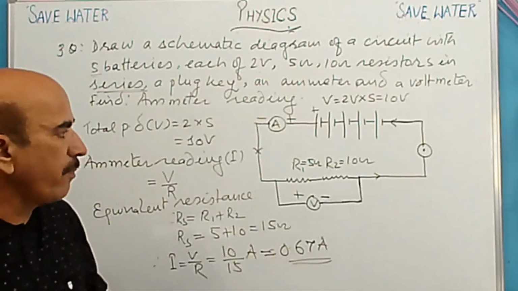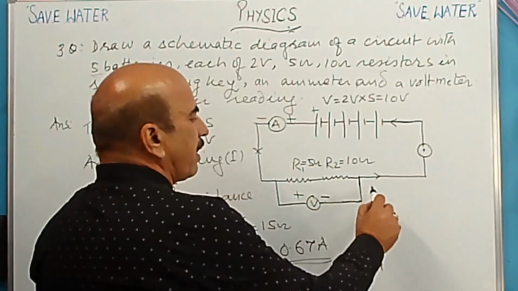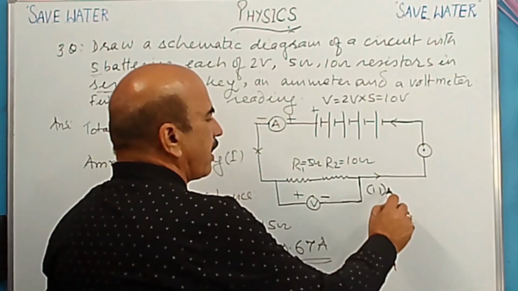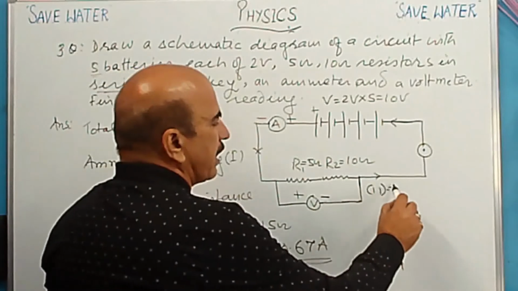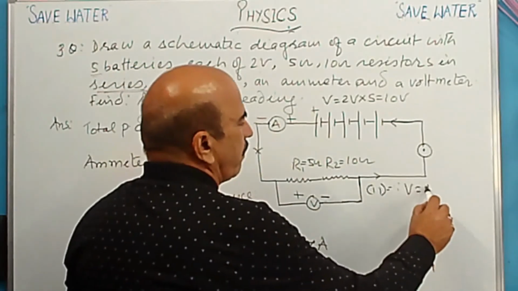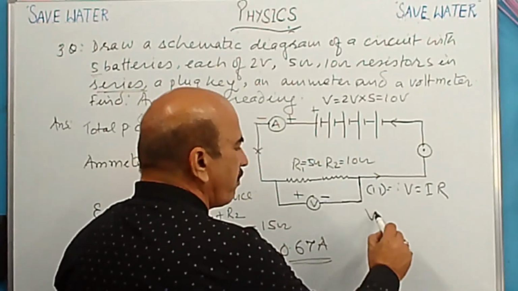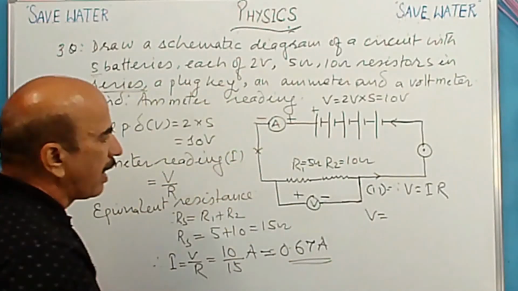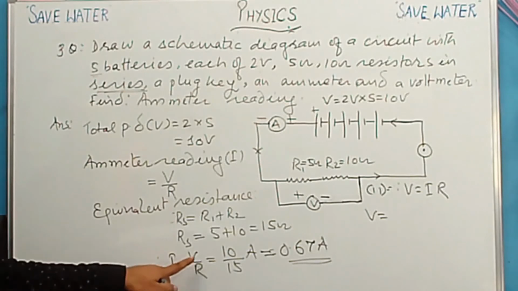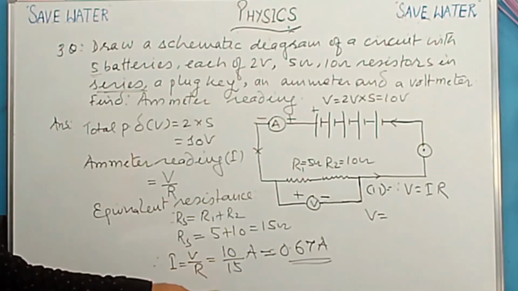ओके, हम करें. ओके, so here वोल्ट मीटर रीडिंग कैसे निकालेंगे देखिए. वोल्ट मीटर रीडिंग, since V is equal to IR, ये होता है. And we have to find out I, जो है टोटल करंट सर्किट में कितना है देखिए. Total current in the circuit is 10 upon 15.